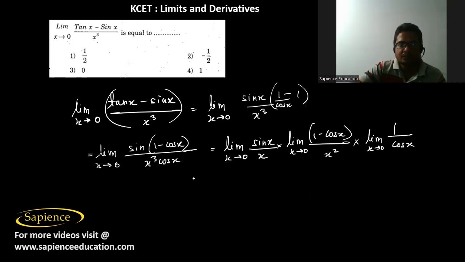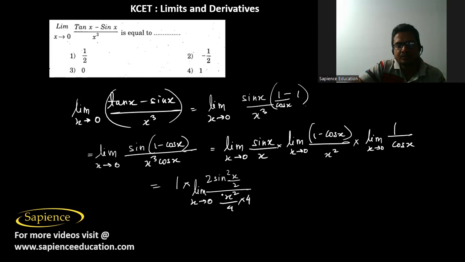Now sin x by x is 1, and we have limit x tends to 0 of (1 minus cos x) by x square. We write 1 minus cos x as 2 sin square x by 2, over x square. So I can write x square by 4 into 4, and limit x tends to 0 of 1 by cos x is also 1.